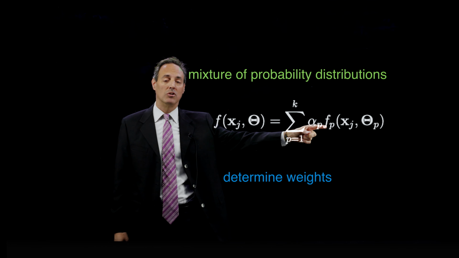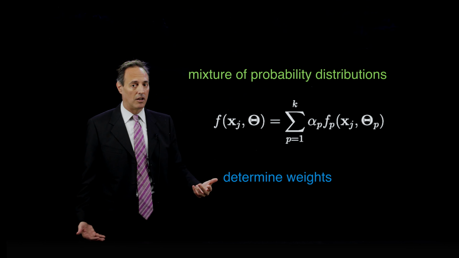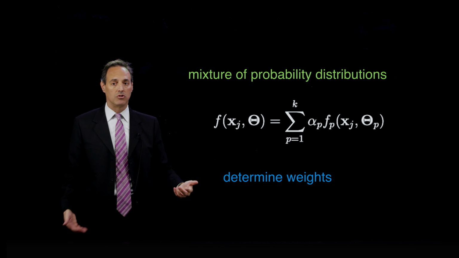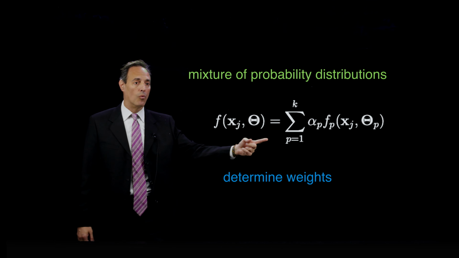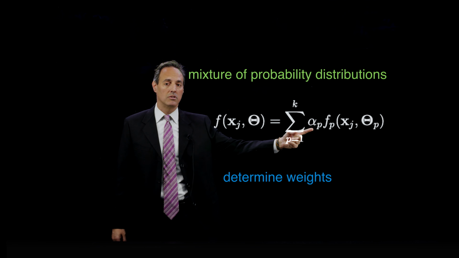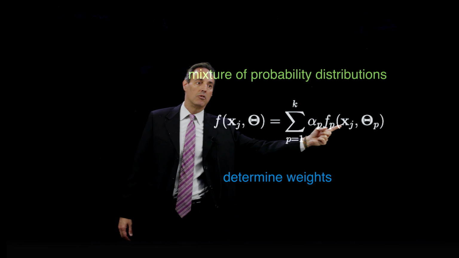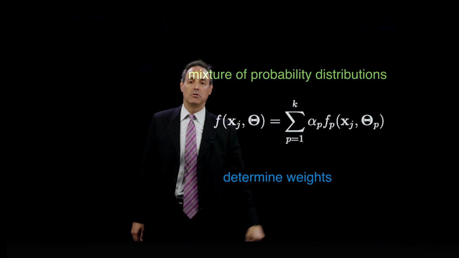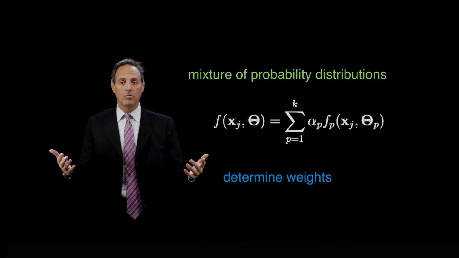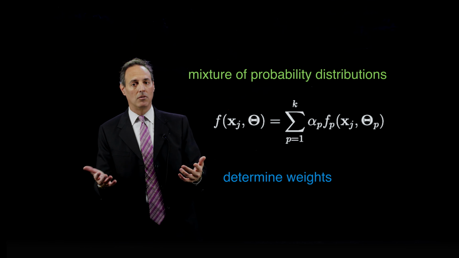A lot of times what we do is we make f_p be, in fact, a Gaussian distributed variable. And so what we would need to do then is simply determine the weights between the distributions, determine those alpha_p, and determine the parameters of each of the distributions. And of course, we're going to do this through optimization.